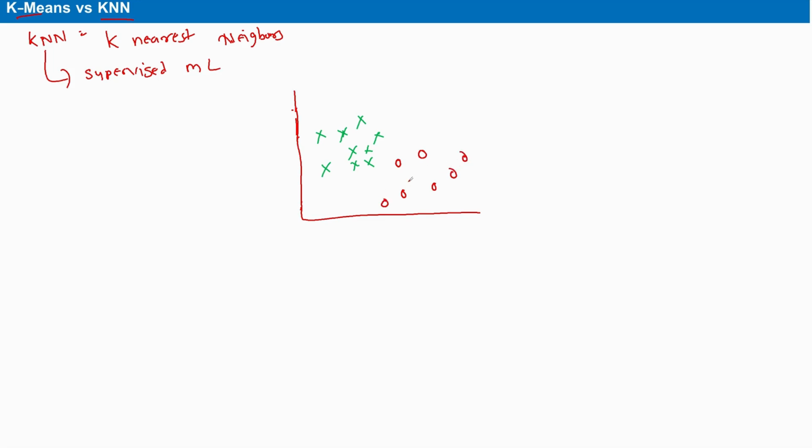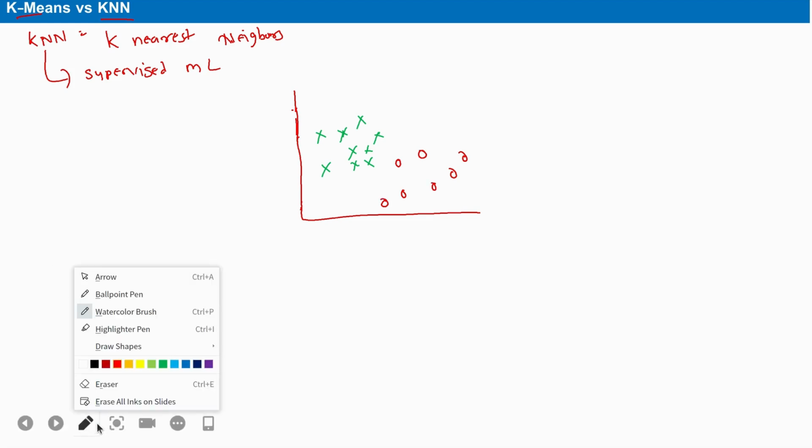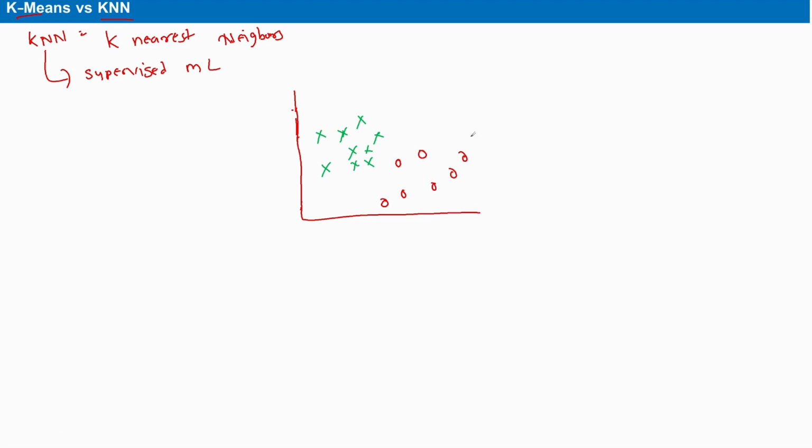So in KNN, whatever the new data point is, suppose this is one new data point, which is called the query example. Whenever this query example comes, we don't know whether this example belongs to the positive class or the negative class.